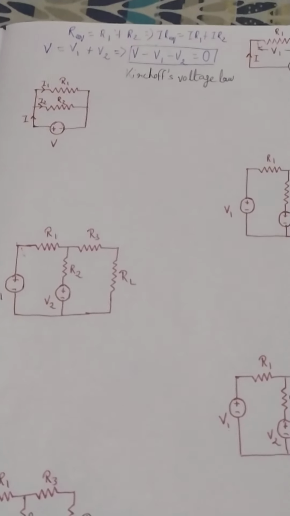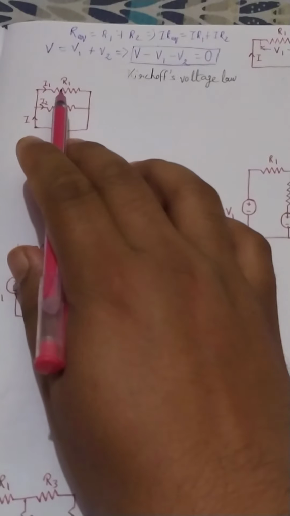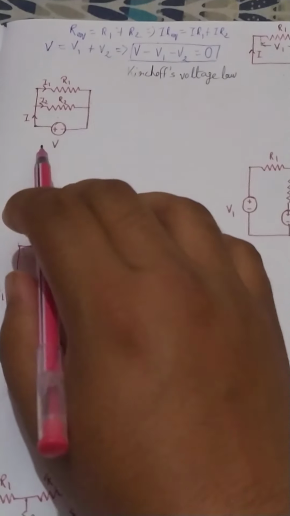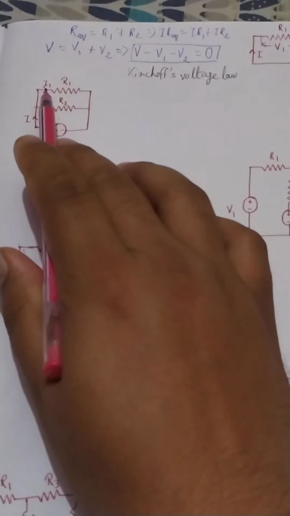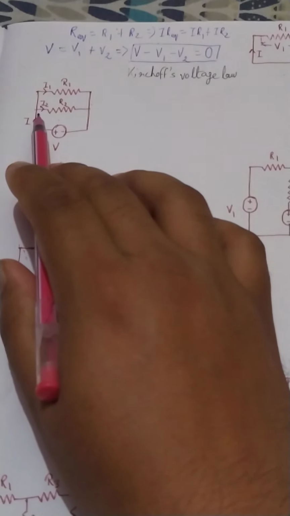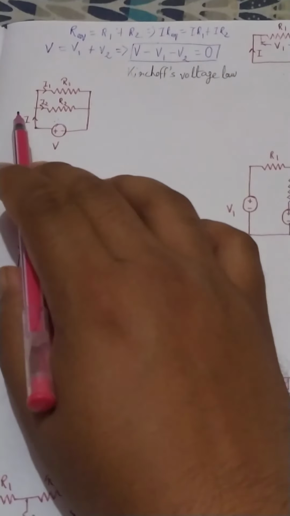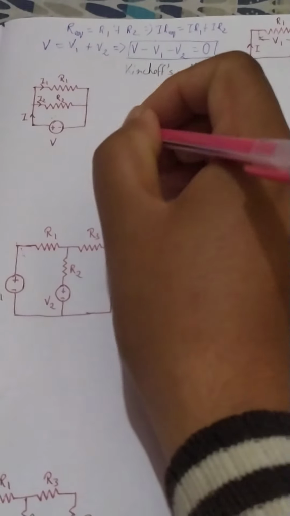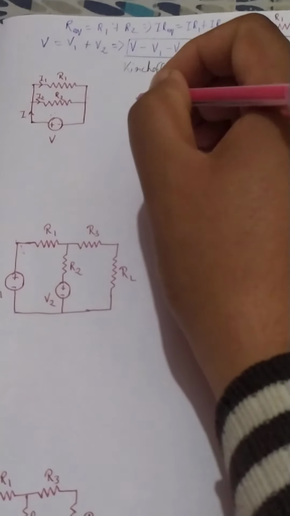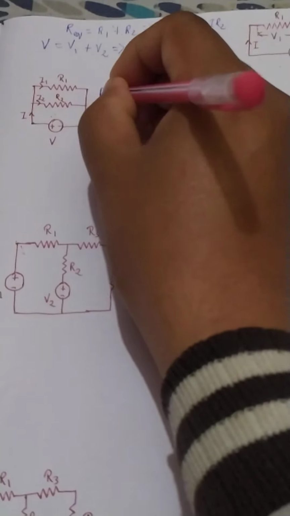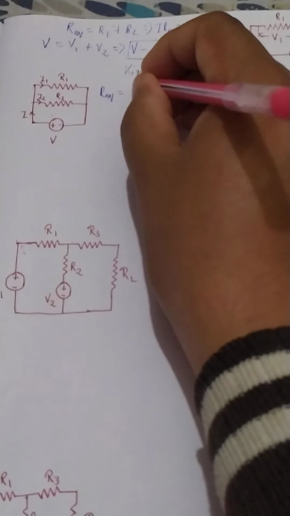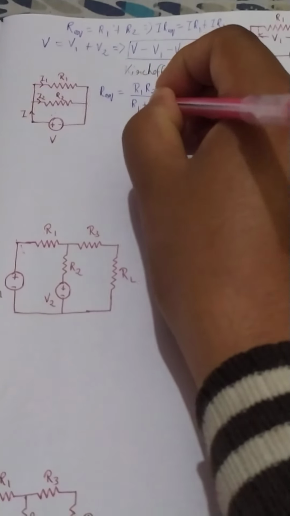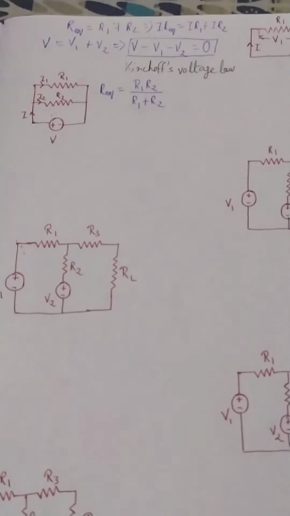Now coming to the next arrangement, we have two resistances in parallel to a voltage source, with I1 and I2 being the currents through R1 and R2 respectively, and I the total current passing through. We could write R equivalent will be equal to R1 R2 by R1 plus R2. This is known to us.